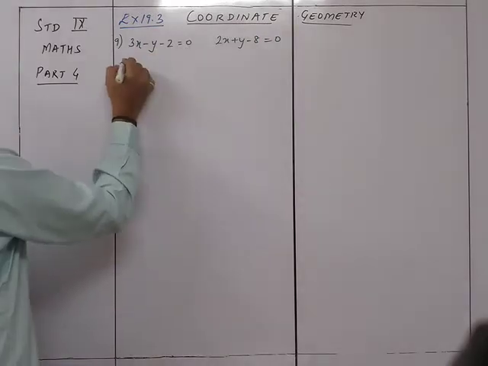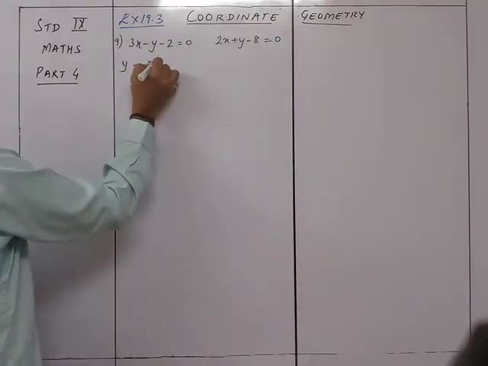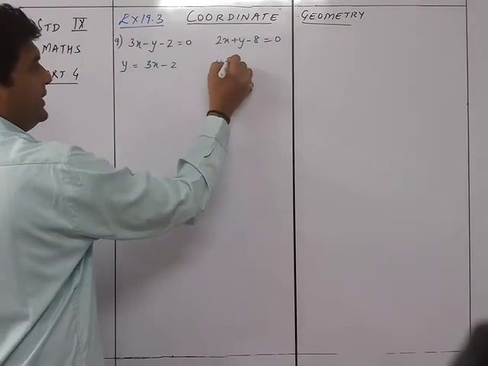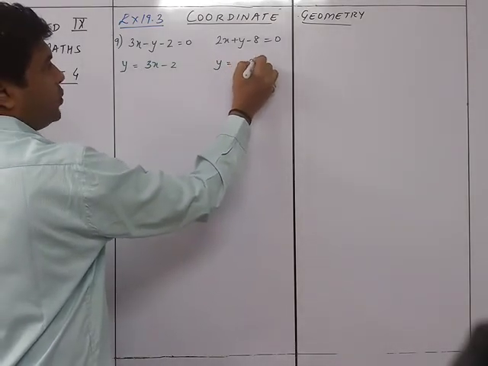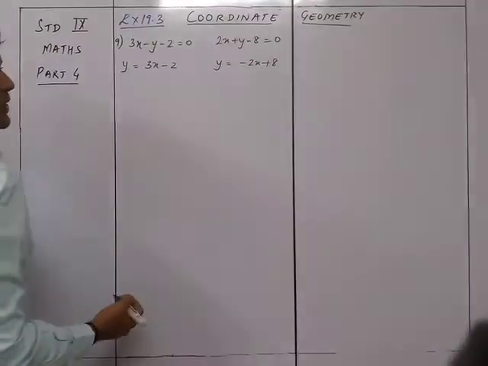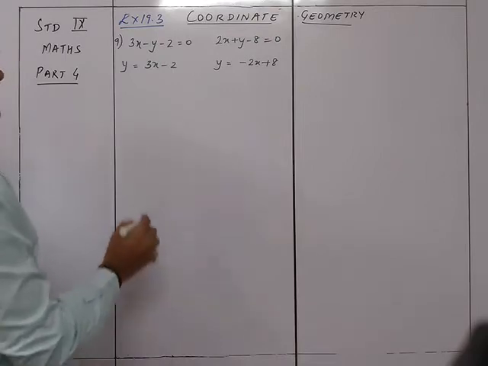So take the y on this side, so we get y is equals to 3x minus 2. Over here you get y is equals to minus 2x plus 8, because we are taking this on this side. Okay, these are the two equations.